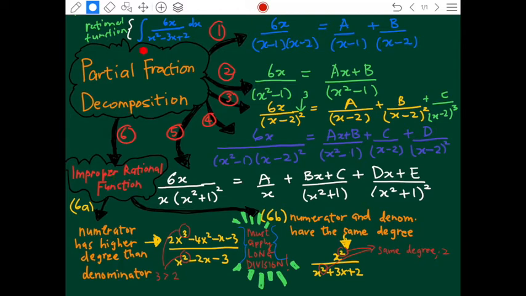So basically what we have discussed previously from type 1 until type 5 is proper rational function. We call it proper rational function. So what is improper rational function? Improper rational function is divided into 2 categories. The first one, we call it improper rational function because the numerator has higher degree than denominator.